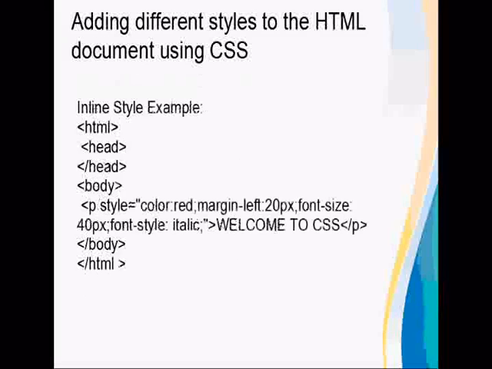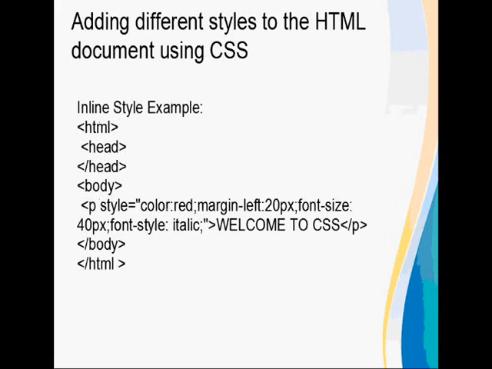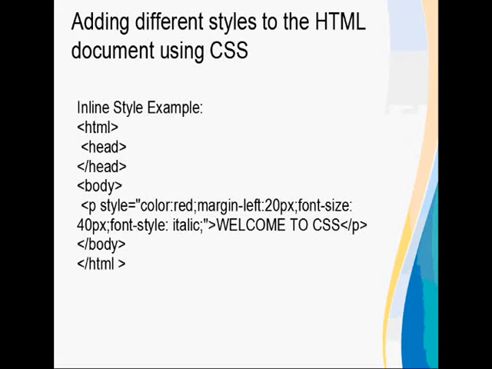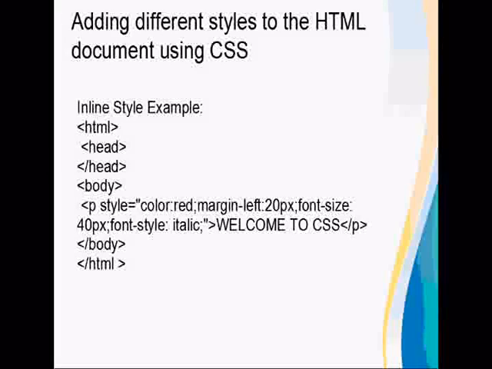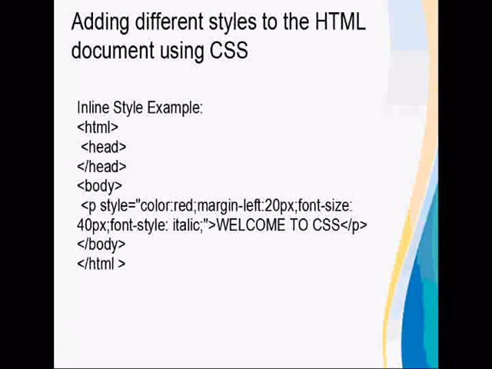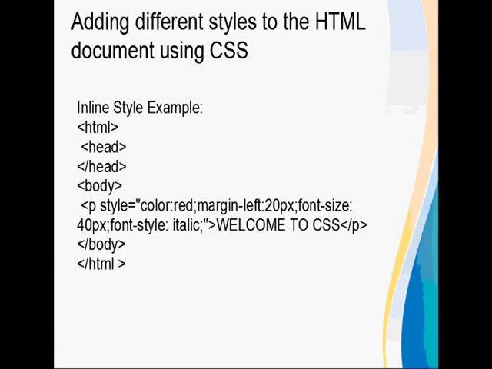Now I am going to the inline style sheet. Inline styles add the style attribute to the relevant tag only. That is, for example, in the P tag, the paragraph tag. Here we change the text color, margin, font size, and font style, that is normal or italic, and we have chosen italic.